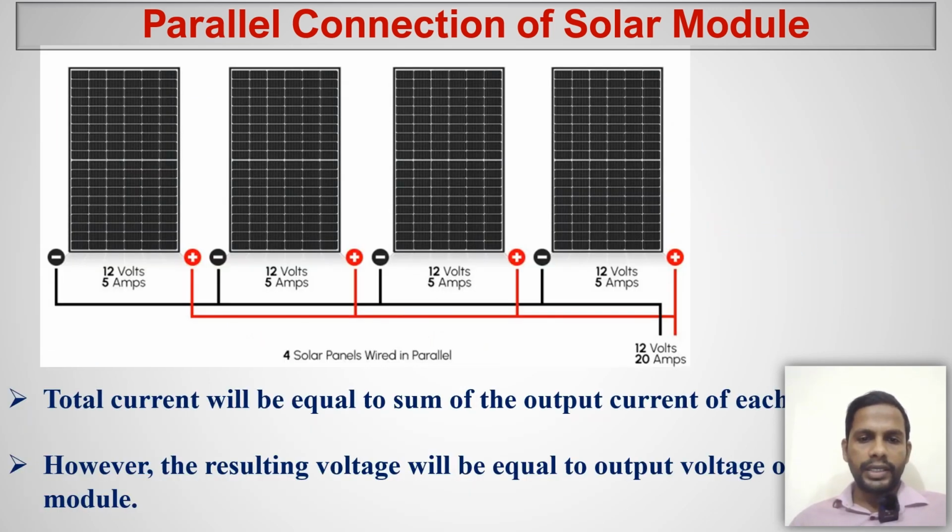Here we have 12 volt 5 ampere panels, 4 panels connected in parallel. So the output will be 12 volt and 20 ampere, because 5 into 4 becomes 20 ampere. So total current will be equal to the sum of the output current of each panel, and the resultant voltage will be equal to each panel's voltage.